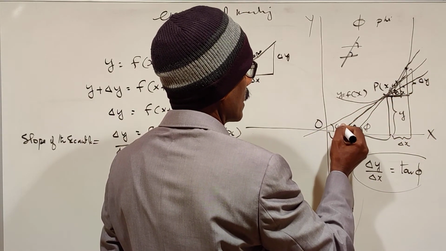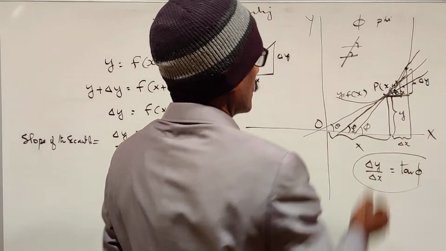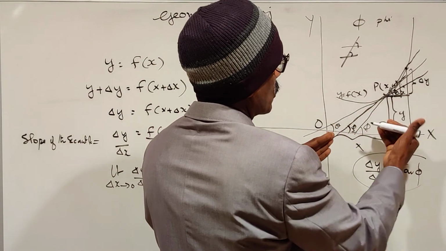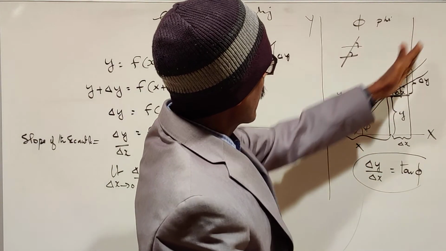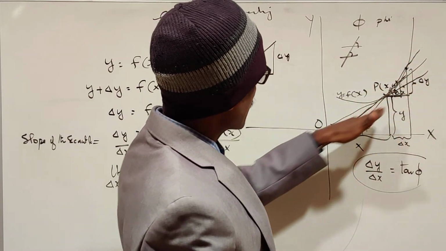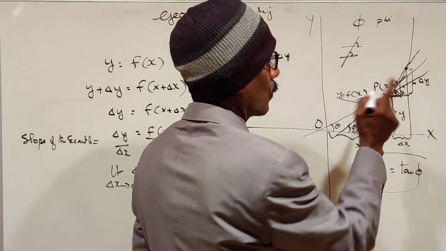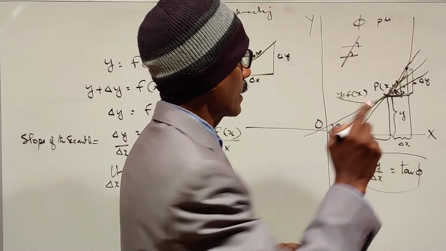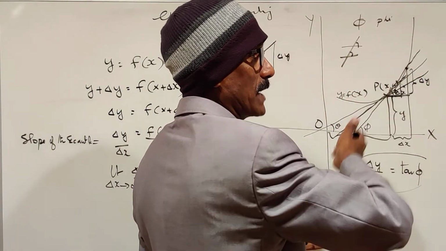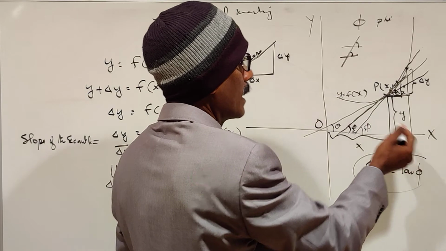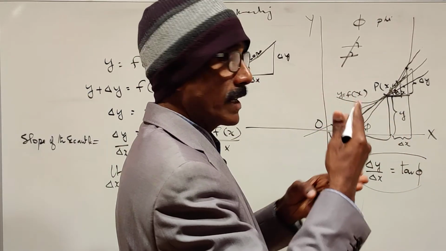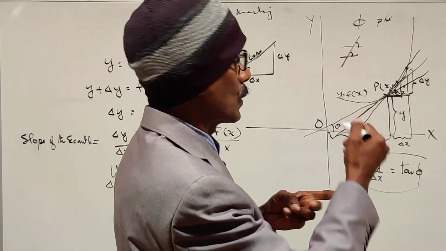I am going to call this angle theta. When delta x tends to 0, the secant line becomes the tangent line at the point x, y. It passes through only one point, whereas before it was passing through 2 points. Delta x tends to 0, not equal to 0.